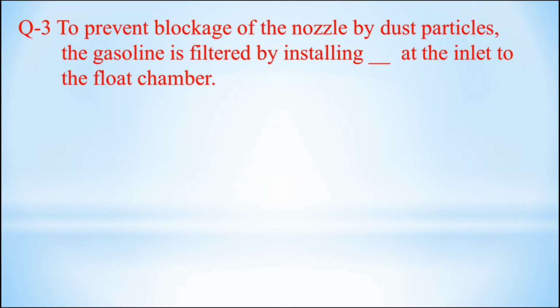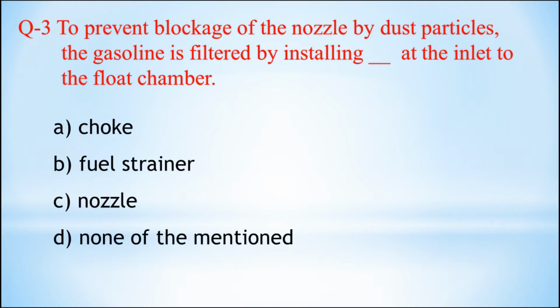Question number 3. To prevent blockage of the nozzle by dust particles, the gasoline is filtered by installing a dash at the inlet of the float chamber. Option A, choke; option B, fuel strainer; option C, nozzle; option D, none of the mentioned. The function of the choke is to supply a rich mixture during starting of the engine or during cold starting conditions in the winter season, so this is not the correct answer.